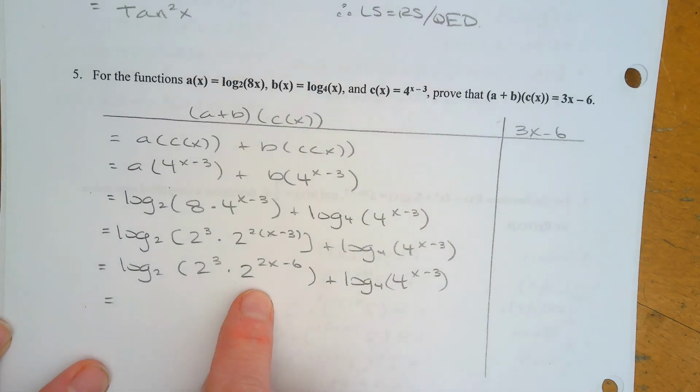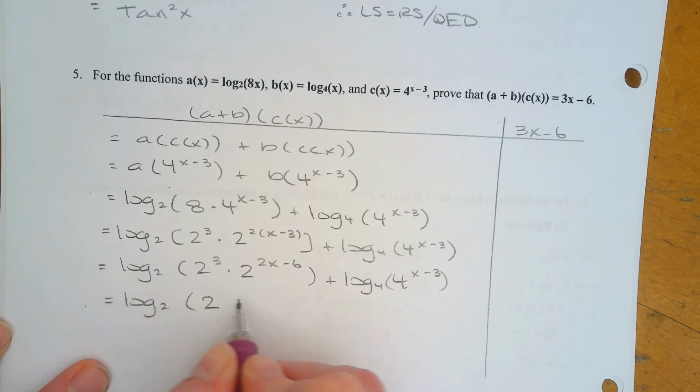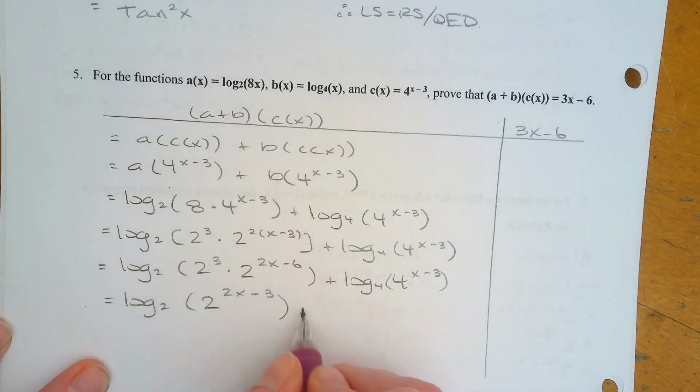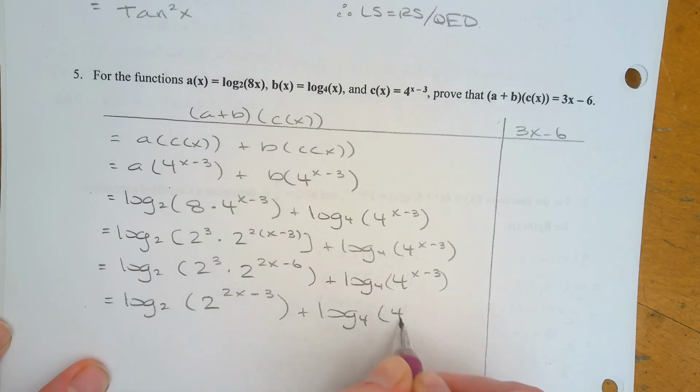When I multiply powers of the same base, I can add the exponents. So I have log base 2, 2x minus 3, plus log base 4, 4x minus 3.